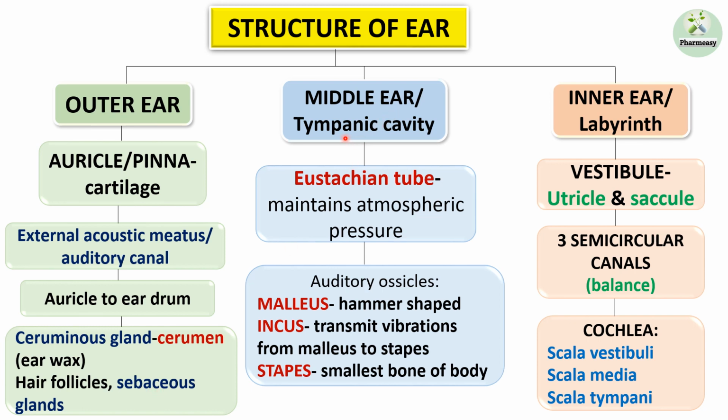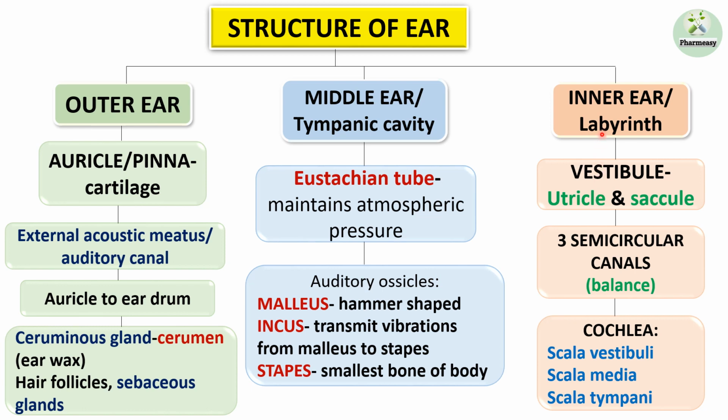Middle ear is also known as the tympanic cavity. It includes the eustachian tube that maintains the atmospheric pressure and auditory ossicles, namely hammer-shaped malleus, incus, and stapes. Stapes is the smallest bone of the body.